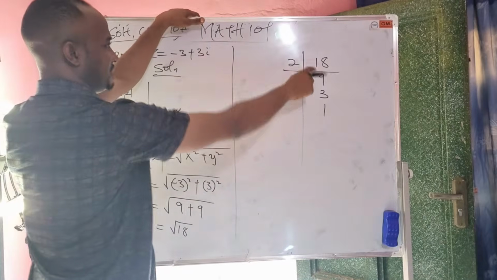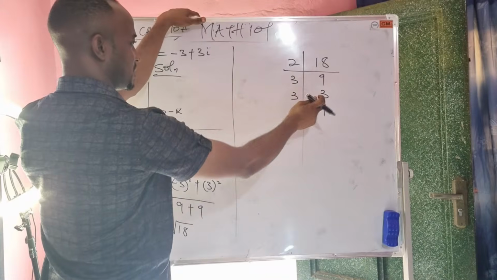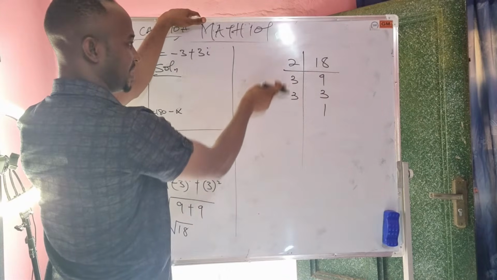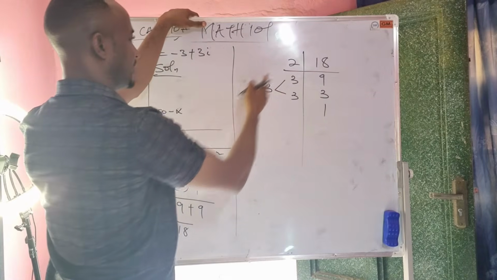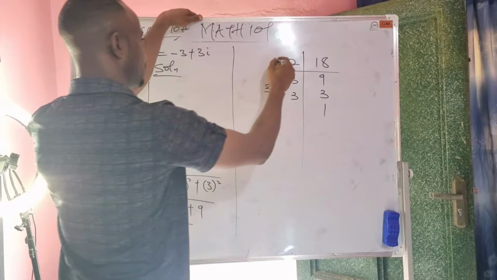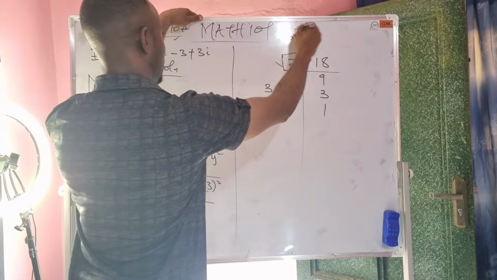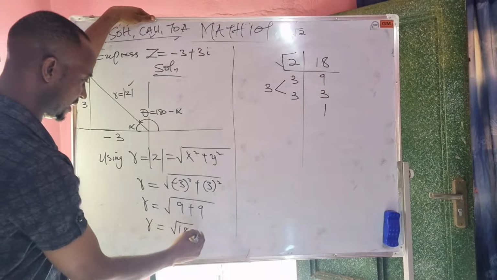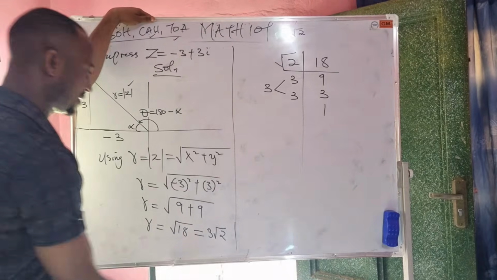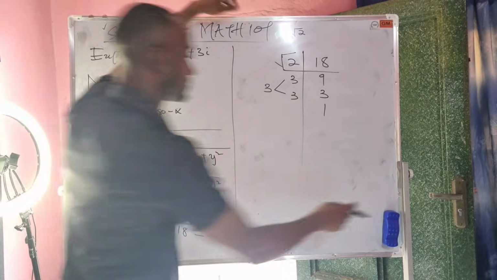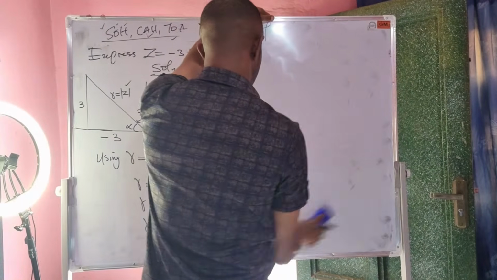So we bring out 18. 2 can go into 18, which gives 9. 3 into 9 is 3. 3 into 3 is 1. The 3 appears 2 times, so I will just split them as 1. 2 appears 1 time, so I'll put my surd on it. So 3 times surd 2 gives us 3 surd 2. That means surd 18 can be expressed as 3 surd 2. So we have gotten our value of R.